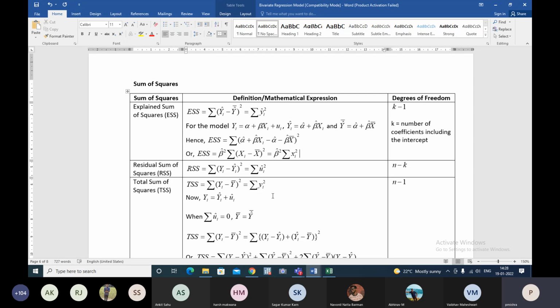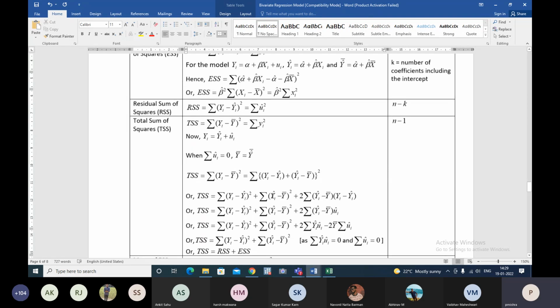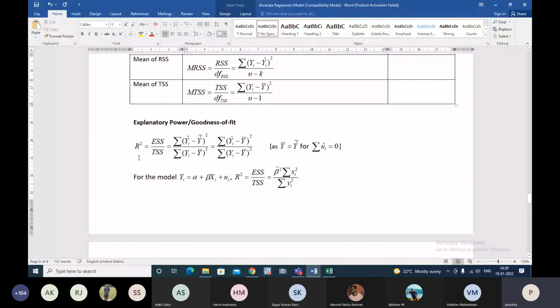This aspect, right now I am not focusing on. I'll get back to that concept later on. But what is very important in regression analysis is to understand to what extent the estimated model can explain the variations in the dependent variable. And that is basically reflected in the value of R square.